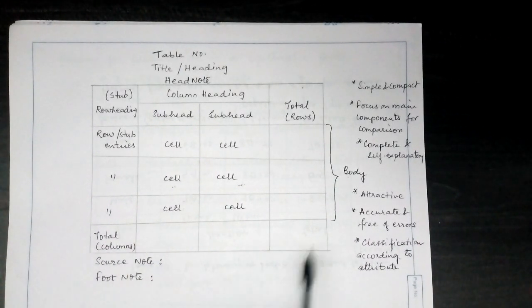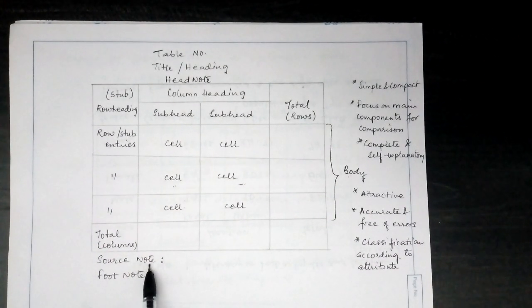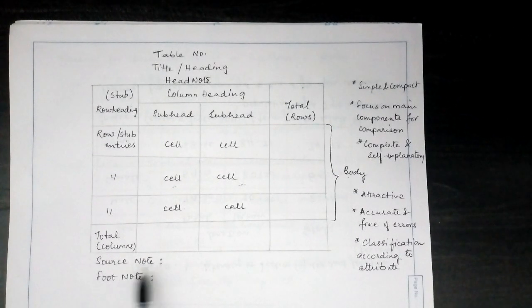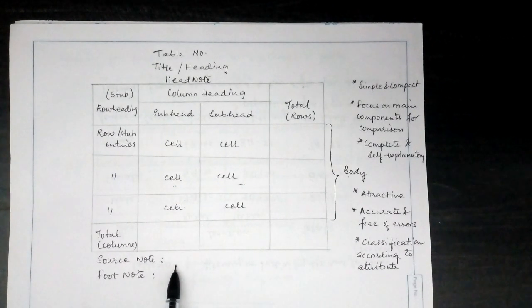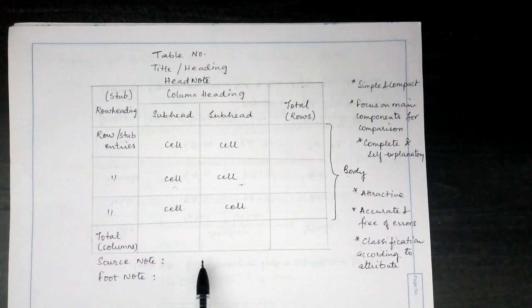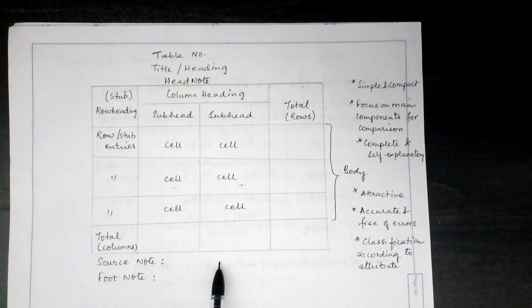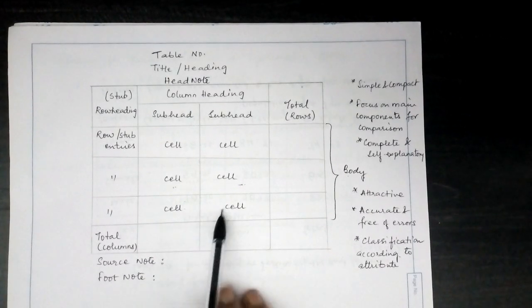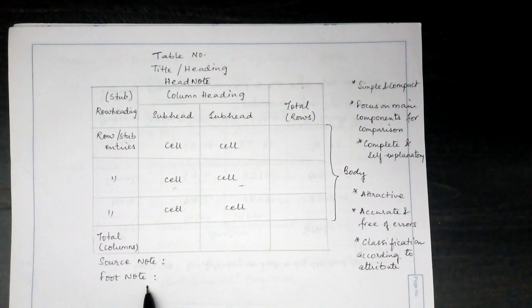Then below the table, you have a source note and a footnote. The source note tells us from which source we have gathered this information. Since the previous example was secondary data, we could write down the source from which we could gather that information. Any other information regarding this table could be given in the footnote.